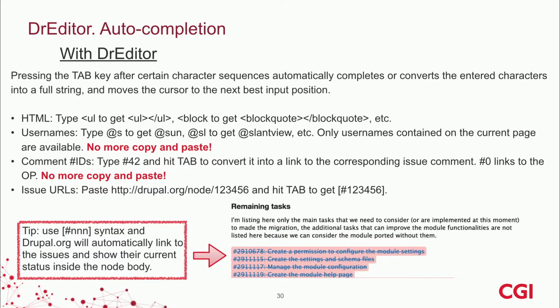If it's fixed, it will be green. If it needs work, it will be red. If you have an issue with a status like patch needs to be ported, something like this, it will be gray.